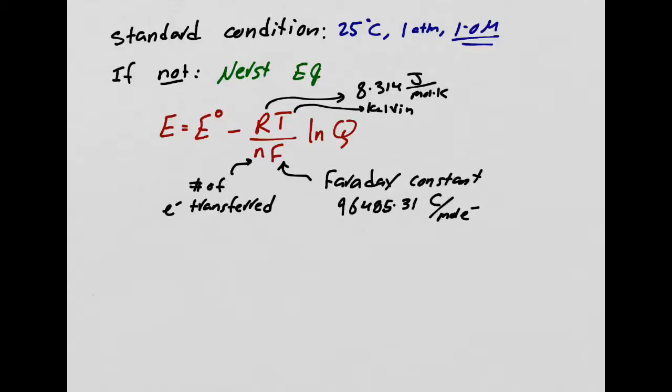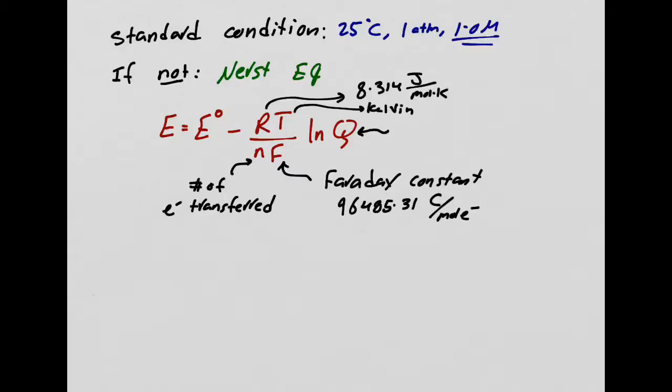Now, ln of Q. What is Q again? Do you guys remember that we talked about Q before? Q is like the equilibrium constant, but it's the product over reactant where the concentrations are still changing. They have not reached equilibrium. When a reaction is going on, we can figure out Q to see if we are at equilibrium or not. So the concentration matters.